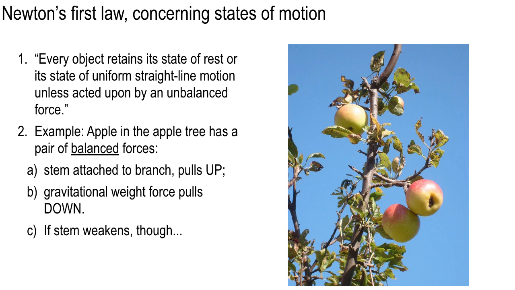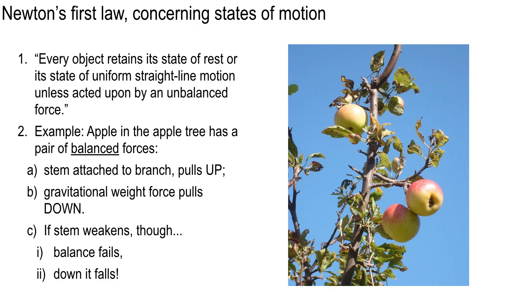And if the stem weakens, it can't provide enough force, and the balance fails, and down it falls. So it'll stay at rest if there's no force acting, or if there's forces, they balance each other, like the stem and gravity. So if the stem dries out and gets brittle, it'll fall. And that's what happens every fall, when fruit falls off the tree.